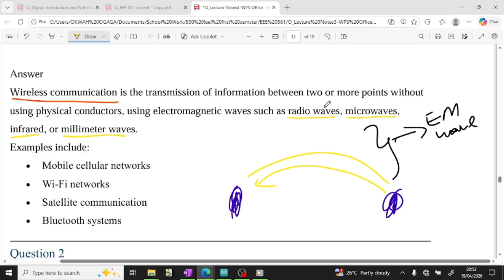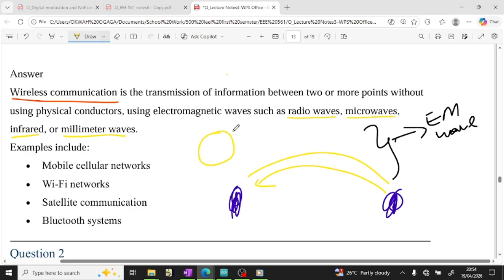Now, these are different waves, and the difference between each one is the frequency. What we mean by frequency is the amount of vibration, how fast it takes to complete one circle.